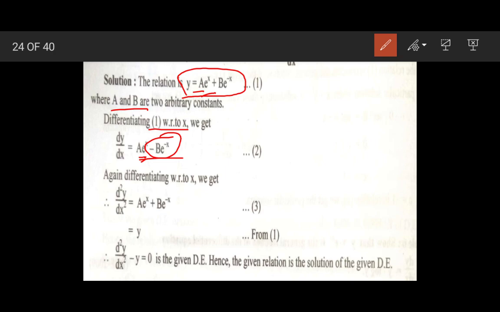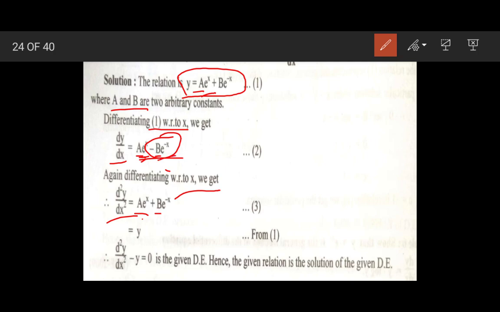Now again differentiating with respect to x, so derivative of dy upon dx is d2y upon dx square, a is a constant, so it will remain as it is. Then derivative of e raised to x will be e raised to x, then minus b as it is.